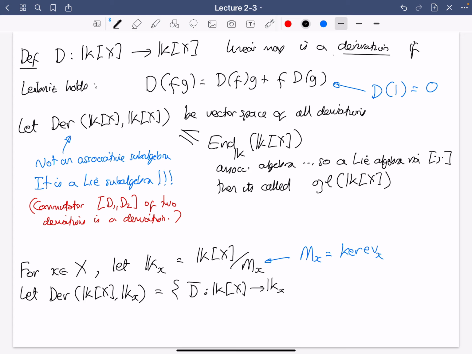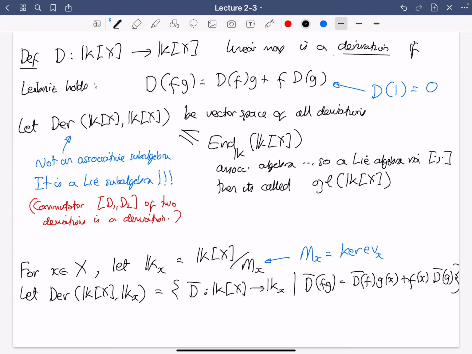But I want to keep this little subscript x to remind you, just to keep that point x in the notation. So this is going to be all linear maps with the property that d bar of a product fg is d bar(f) evaluated at x, g(x), plus f evaluated at x times d bar of g. Okay, so these evaluations f(x) and g(x) are just scalars, so I'm just scaling in there.